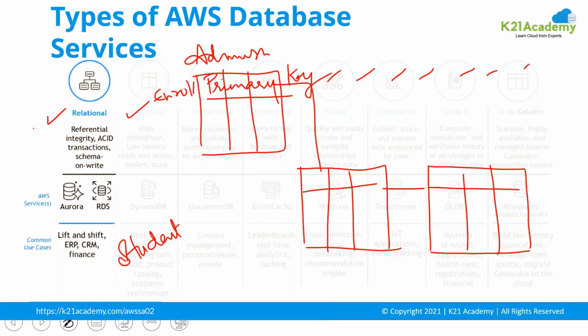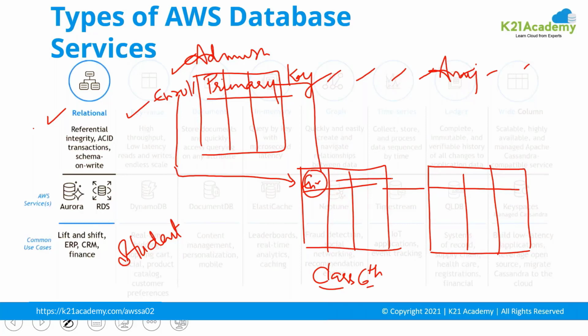Then there will be another table, a class sixth table, say. The enrollment number in the admission table references the same student in the class sixth table. If it is for Anuj, this enrollment number will refer to Anuj in all the tables. That is known as a primary key.